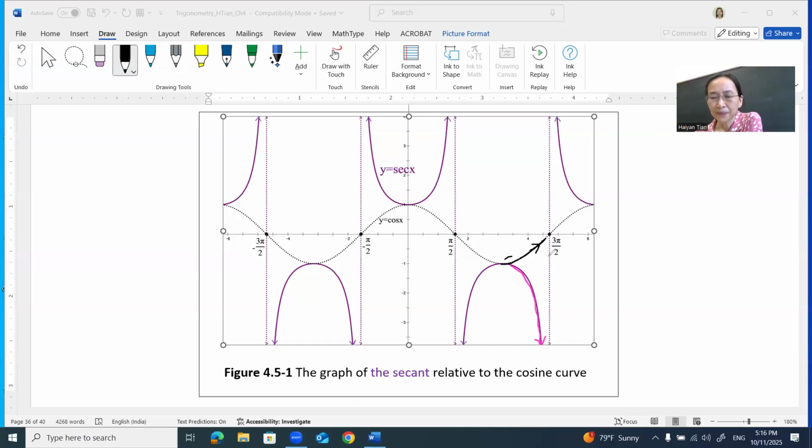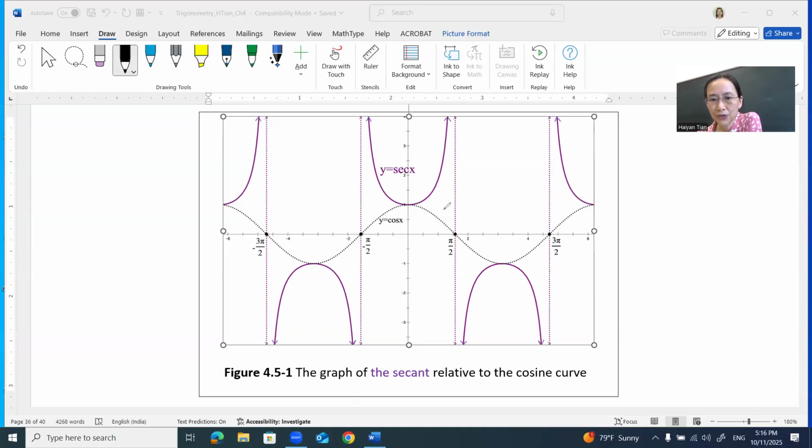And when cosine x is actually equal to 0, the secant function is undefined. So we have a vertical asymptote here, x equals 3 pi over 2. This is another vertical asymptote where the secant function is undefined.